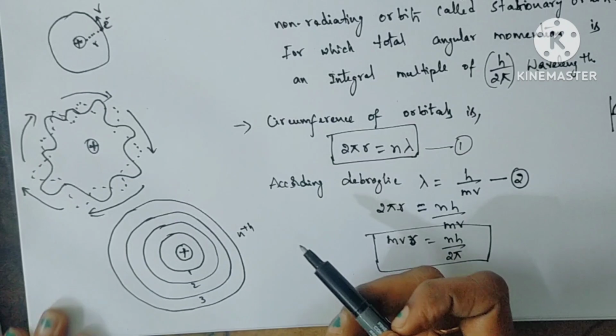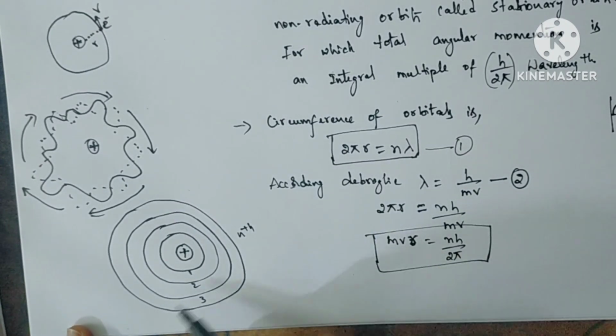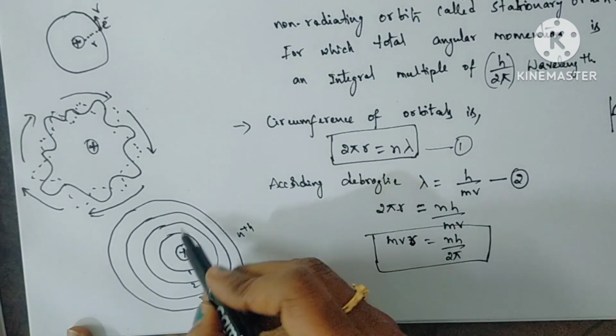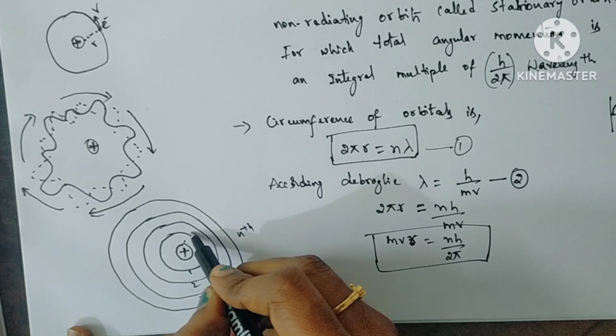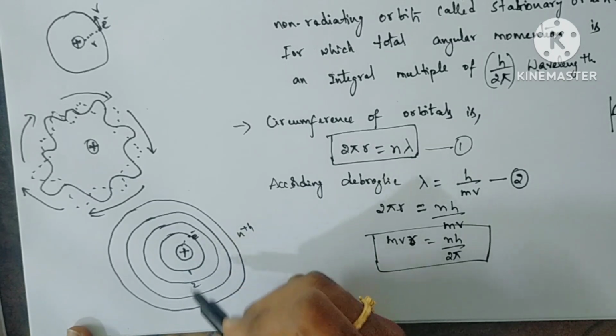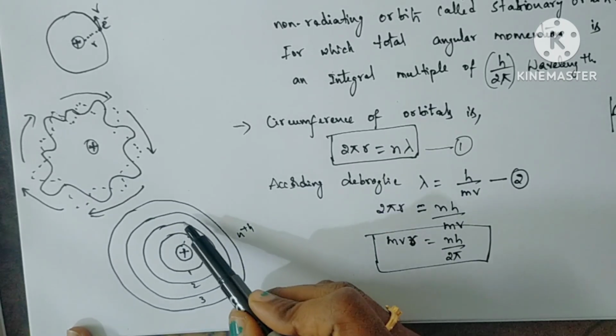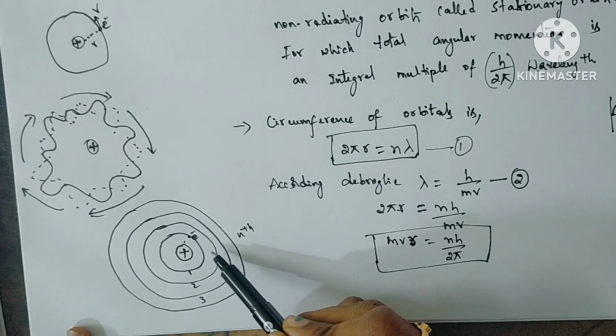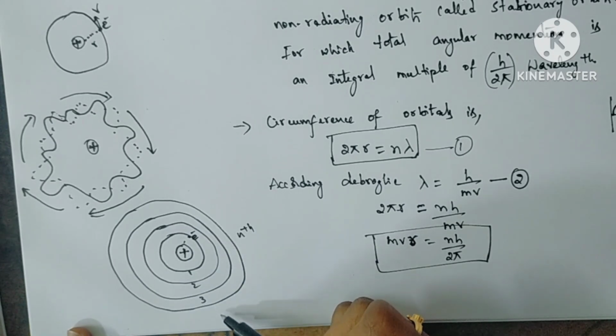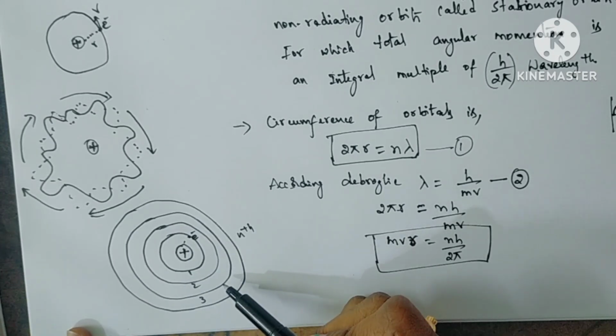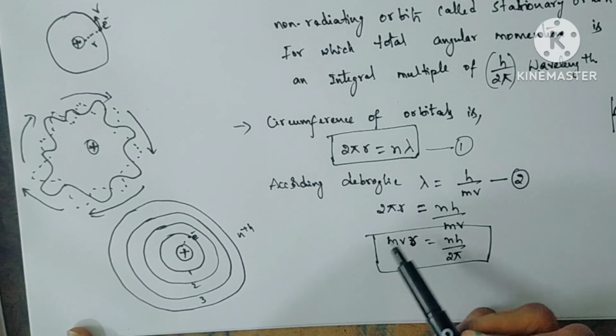Is it clear? In this, an electron can revolve only in those orbits where angular momentum L is equal to nh by 2 pi.